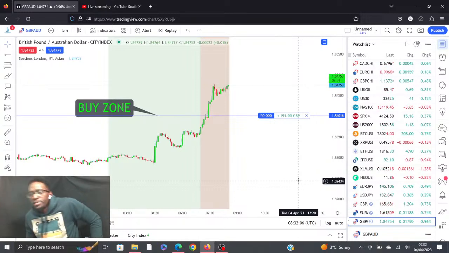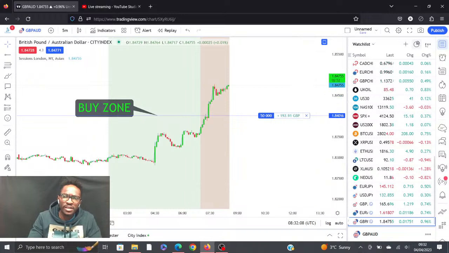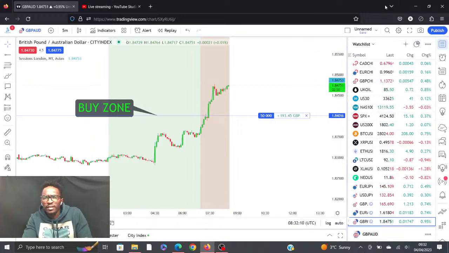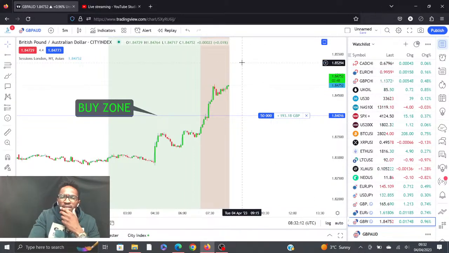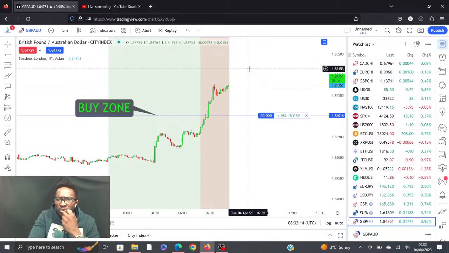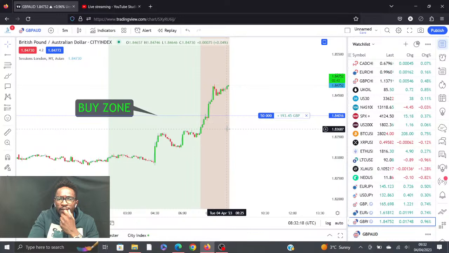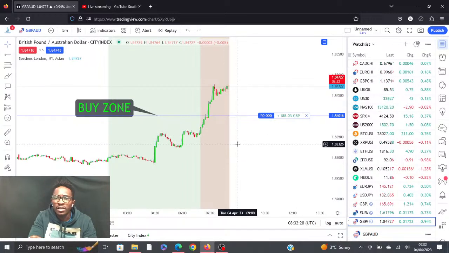So the UK market is officially open. It opens at 9:30. I'm still expecting this market to give me a pullback, but that may or may not happen. And if that doesn't happen, then obviously, as we approach the New York opening session, I will be closing my three positions.